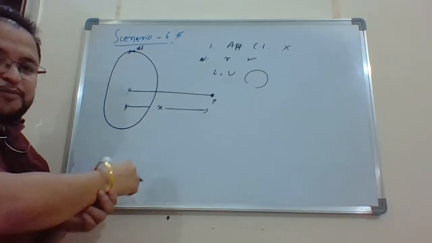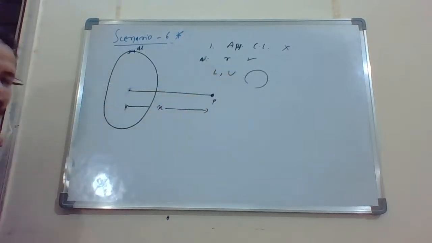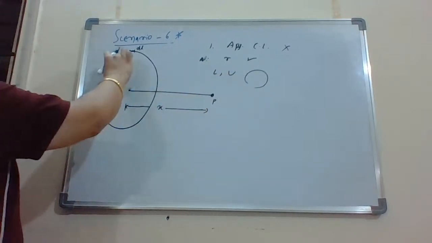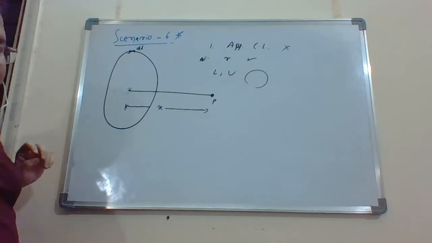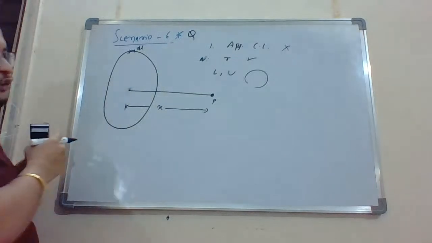So say for example, you have a ring, and you want to find out the electric field intensity there. Now let us go ahead and solve this problem. We are saying that the total charge given is q.